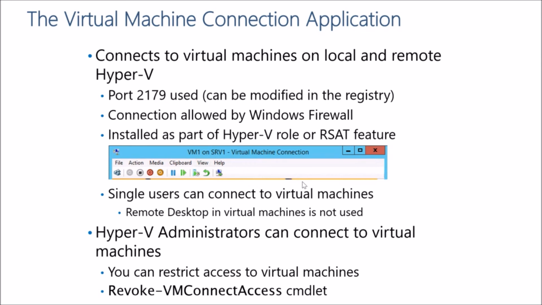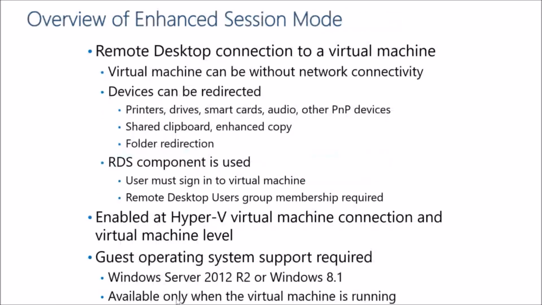The connection must be allowed through the firewall, and it's installed as part of the Hyper-V role, or you can install the RSAT, the Remote Server Administration Tools, which is a set of tools that you can install on your desktop machine. Single users can connect to virtual machines using a remote desktop. So Hyper-V administrators can connect to virtual machines, but you can also restrict access to virtual machines by using the revoke VM connect access commandlets in PowerShell.